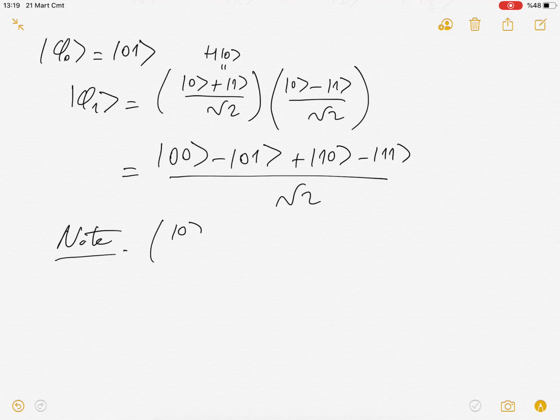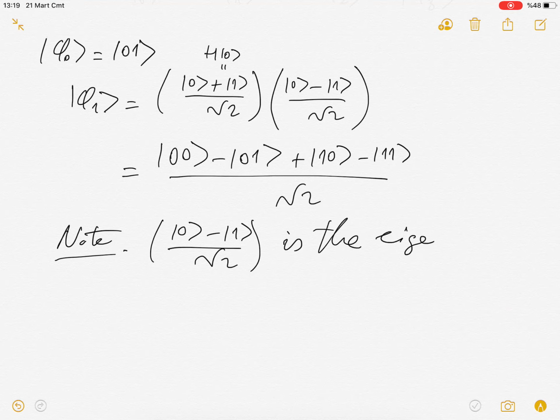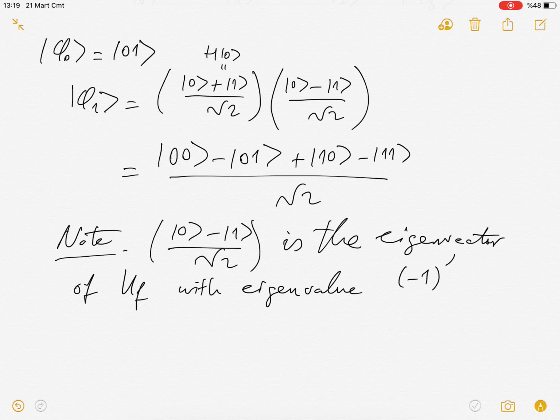In fact, (ket 0 minus ket 1) over square root 2 is the eigenvector of UF with eigenvalue minus 1 to the f of x.